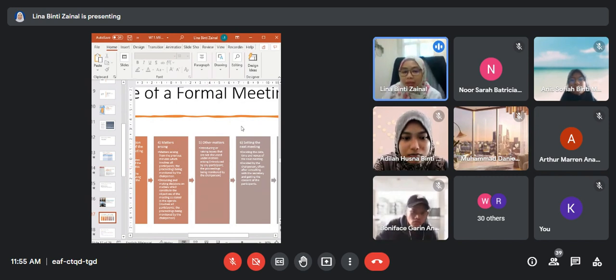Normally it is always introduced by the ahli lah, bukan chairperson. Sebab chairperson dia, of course dia fikir pasal ni je. Alright. Other matters means benda-benda yang maybe the chairperson overlook, terlepas pandang. So you highlight it here.